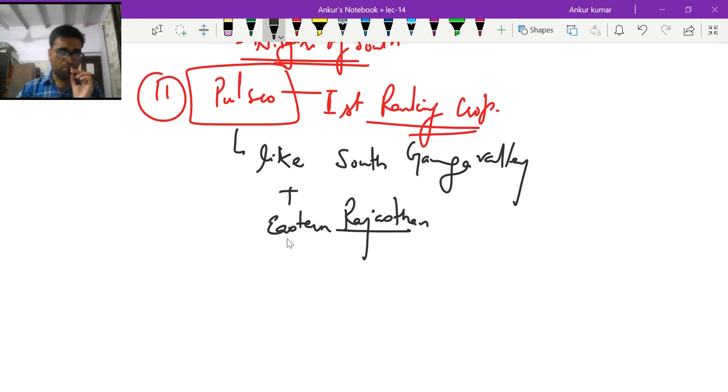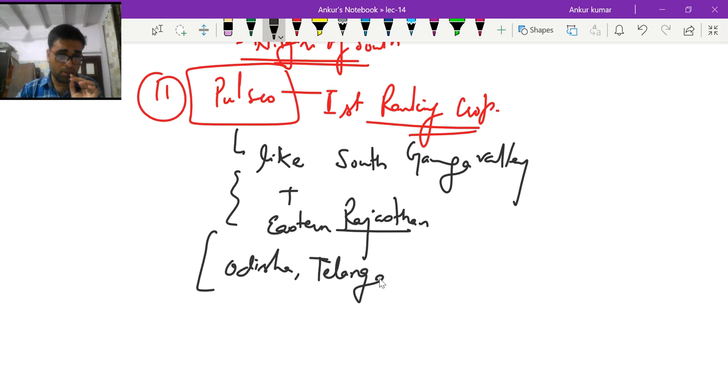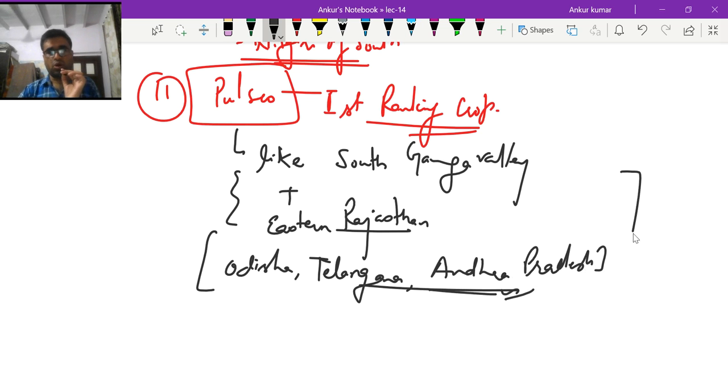But along with these regions, there are other regions also scattered across India where the pulses are the first ranking crop. For example, in Odisha, in parts of Telangana, in Andhra Pradesh, a number of districts where pulses are the first ranking crop, along with other associated crops.